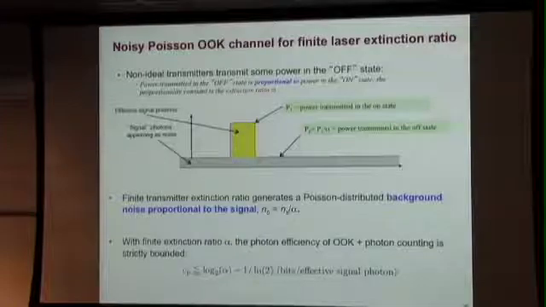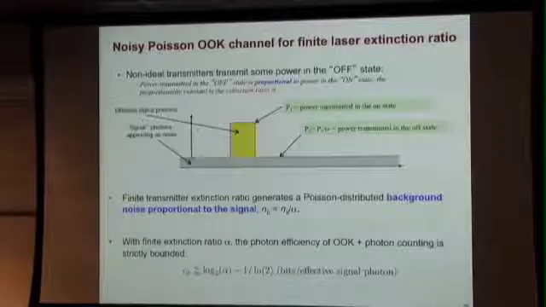Here's one of the areas. It can be used for modeling what happens when your laser does not have an infinite extinction ratio. A non-ideal laser will transmit, you can tell it to be on and then off, but some of the power is going to spill over into the slots where you don't want it to be. And how much does?